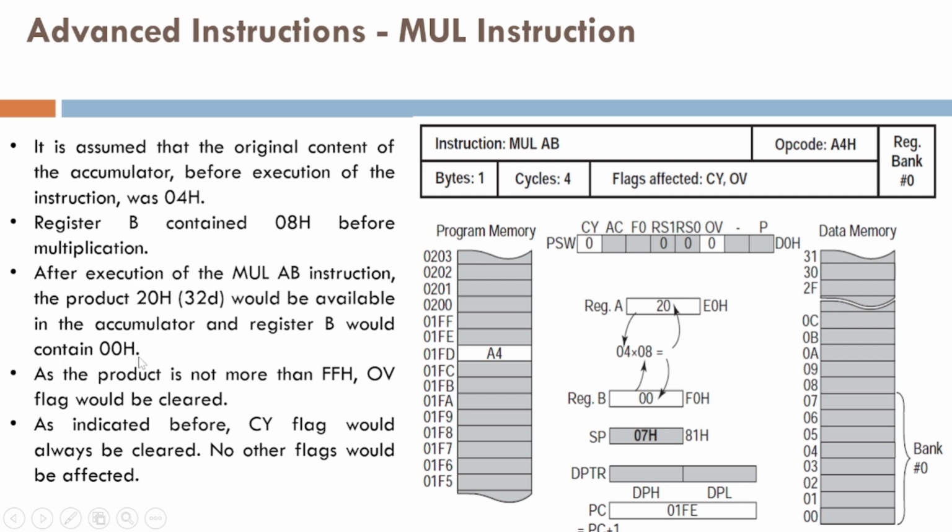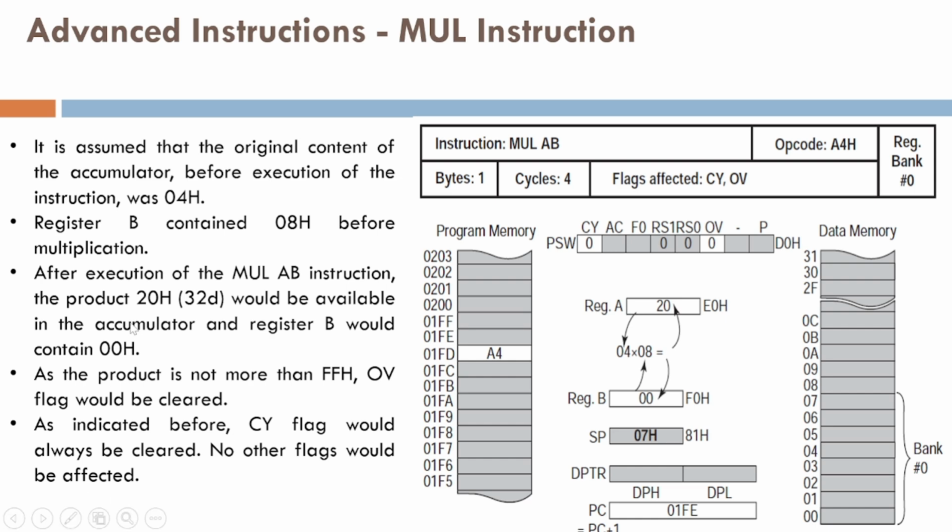The lower byte gets stored in the accumulator, and the upper byte, which is presently 00, gets stored in register B. You see, the initial contents were 04 and 08. After the multiplication, the lower byte is inside the accumulator, and the upper byte is in register B.